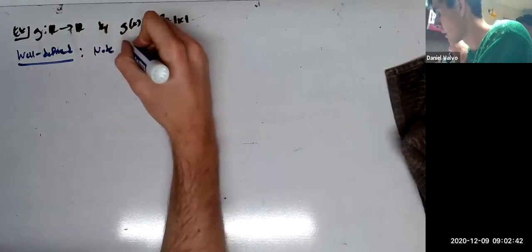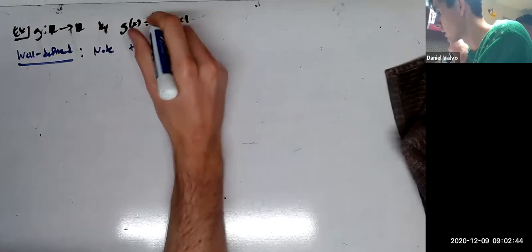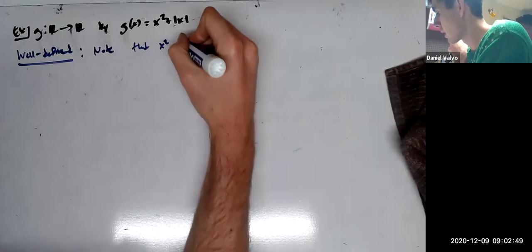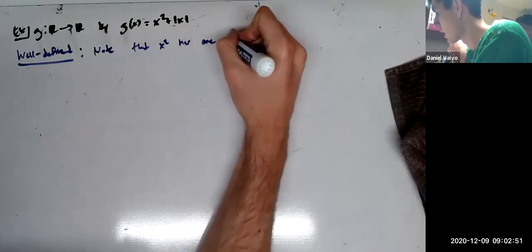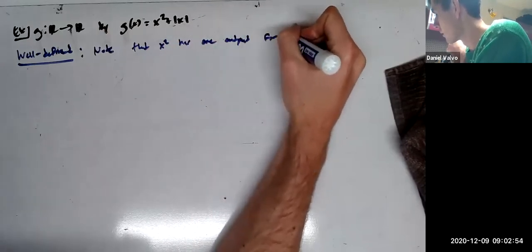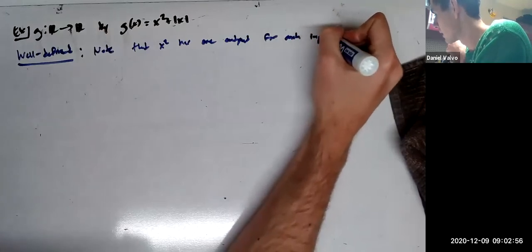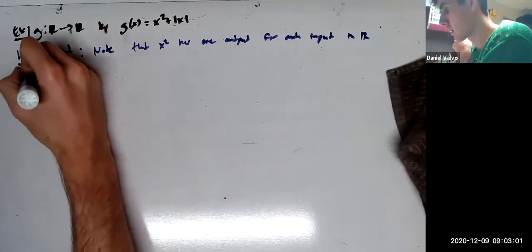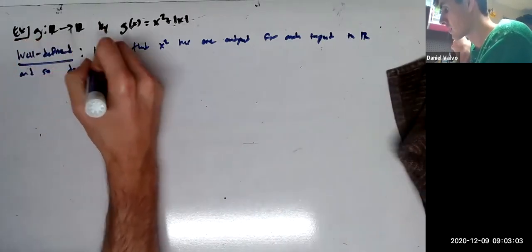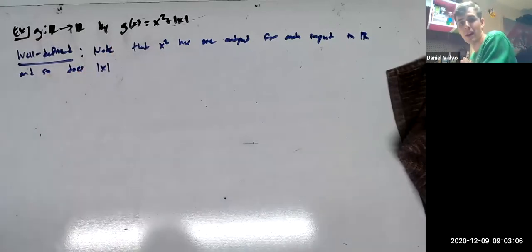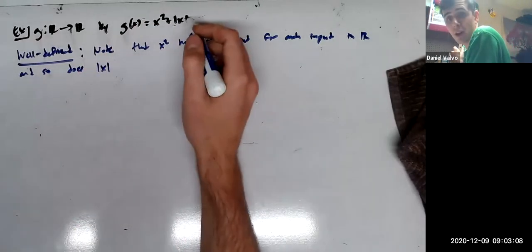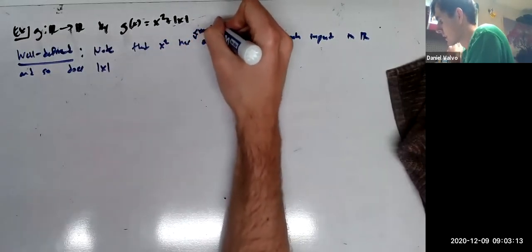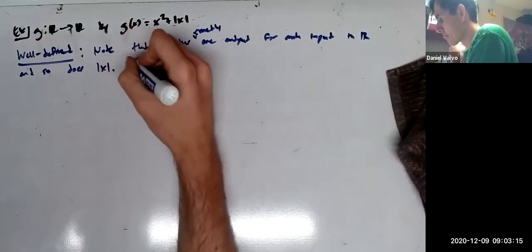Note that x squared has one output for each input in R, and so does the absolute value of x. For every input, both give us exactly one output.